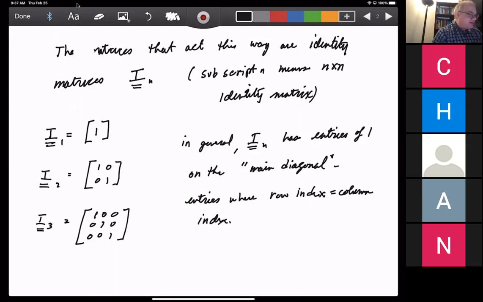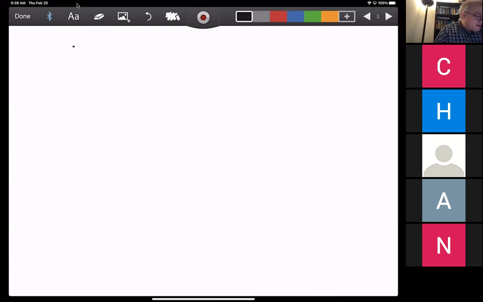Right, so for the 3 by 3, I've got a 1 in the first row, first column, a 1 in the second row, second column, and a 1 in the third row, third column, and zeros everywhere else.